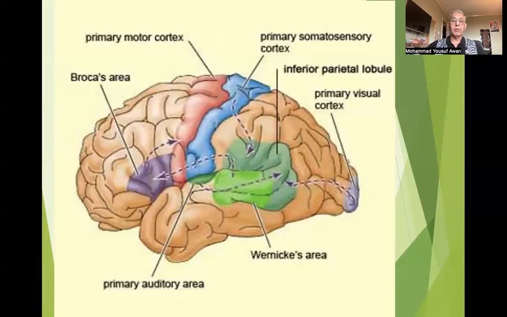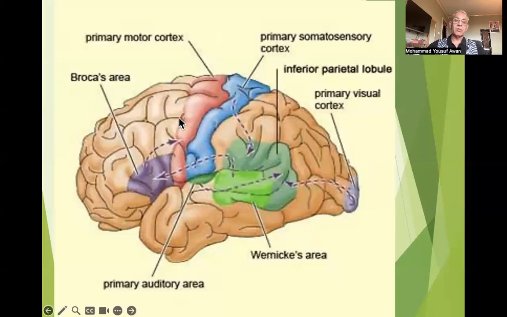Behind the central sulcus is the primary sensory cortex, where sensation from all parts of the body comes through the thalamus, and where the interpretation of the sensation happens.